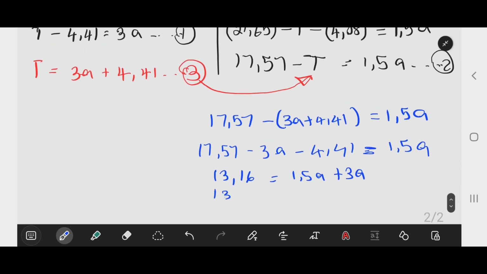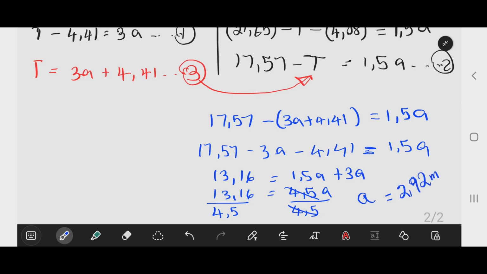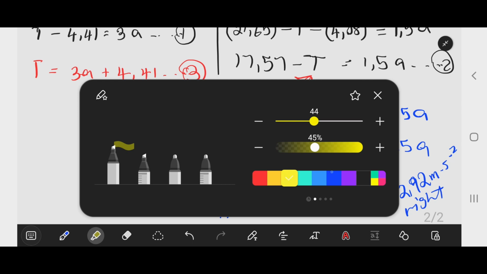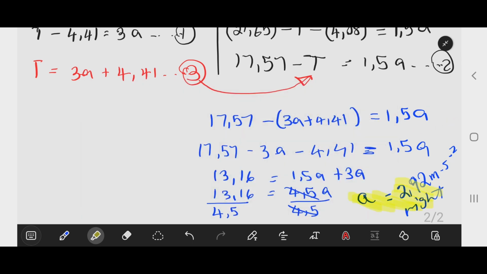So that would be 13.16 equals 4.5a. Okay, and then we divide both sides by 4.5. So our acceleration, we get 13.16 divided by 4.5, and our acceleration is 2.92 meters per second squared, and this acceleration is to the right. Okay, so that is our answer for the acceleration.